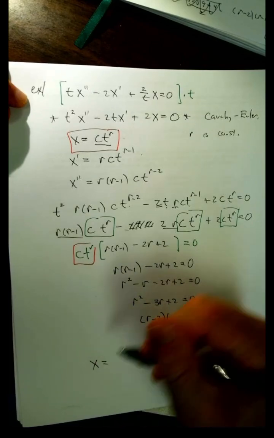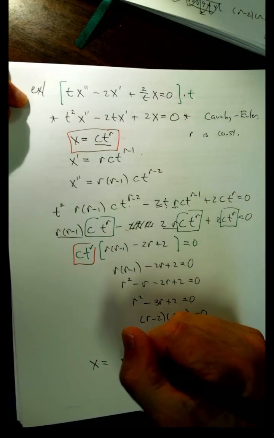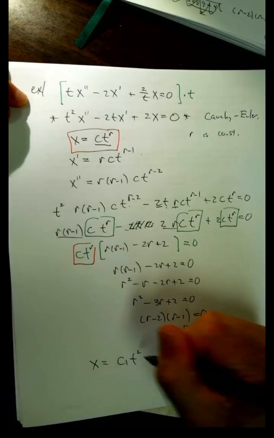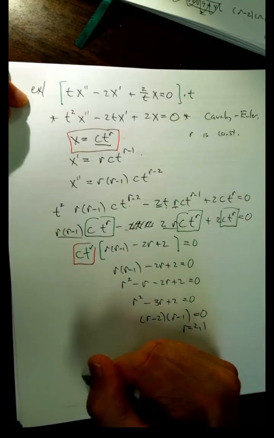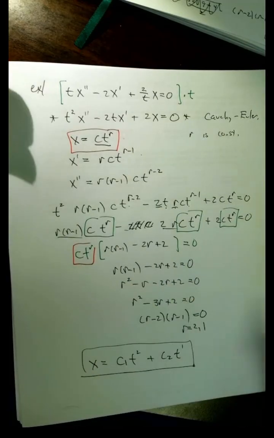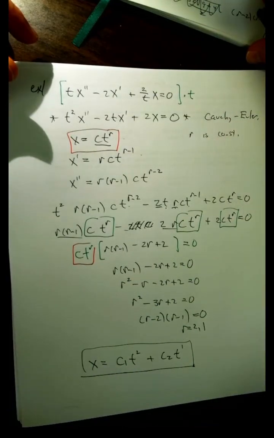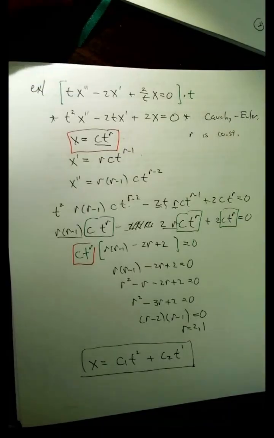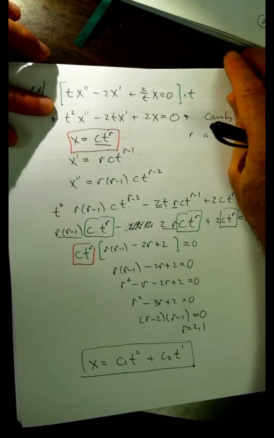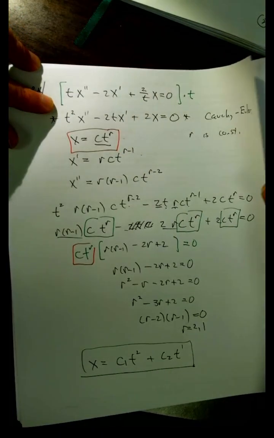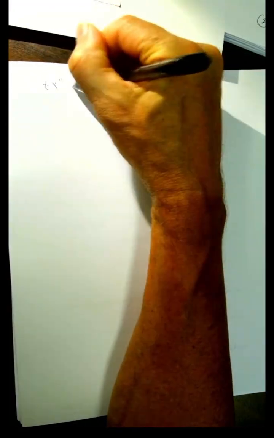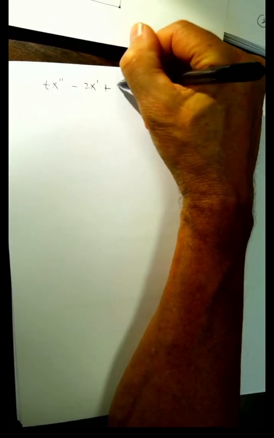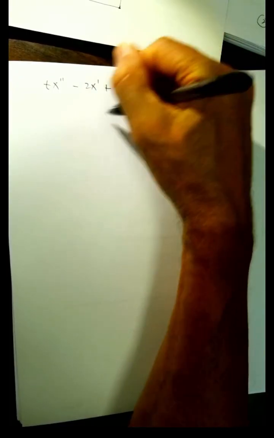So my solution, it's already homogeneous, is going to be c1 t squared plus c2 t to the 1. Do we believe that? So we can do a quick check to see if that's the case. What was our original equation was t x double prime minus 2x prime plus 2 over t x is 0.